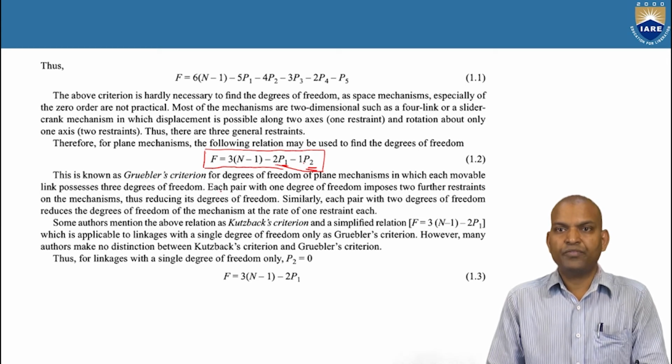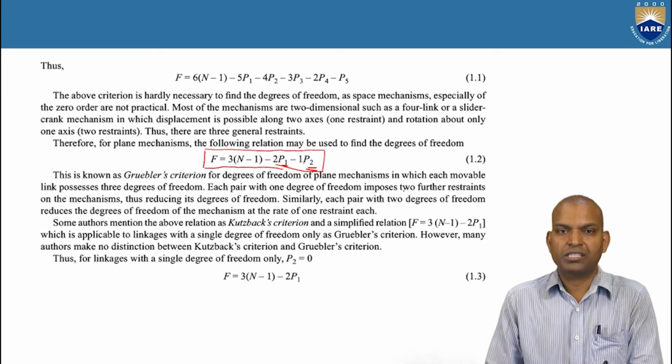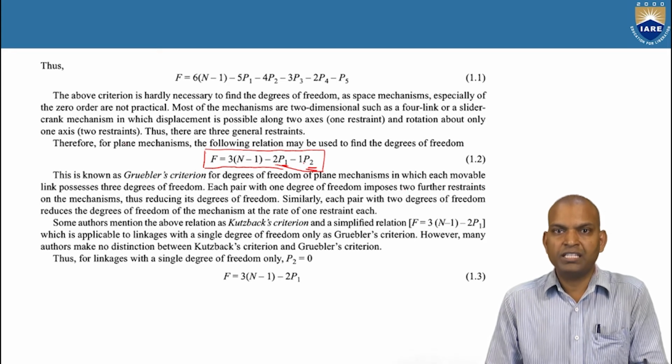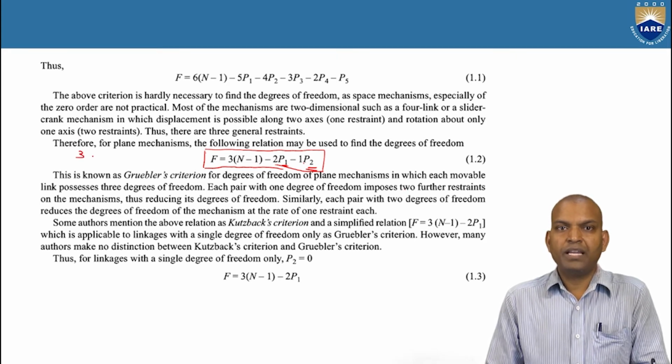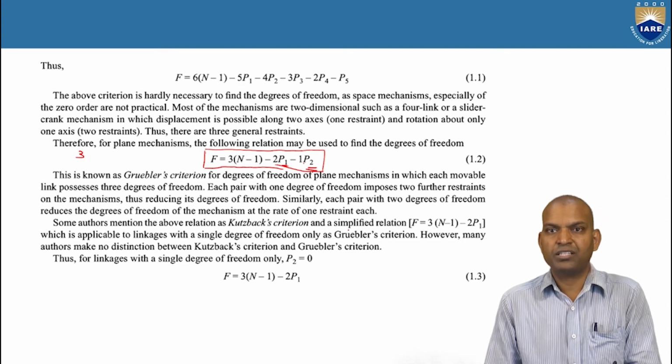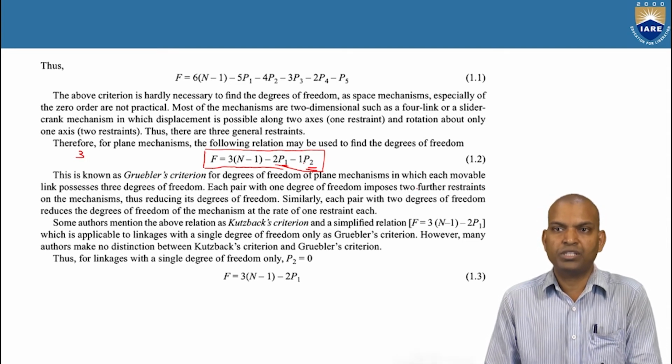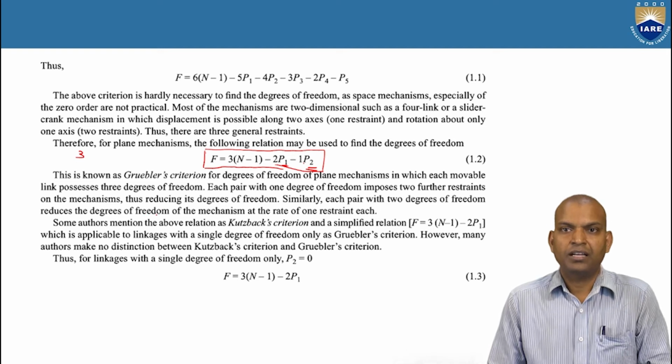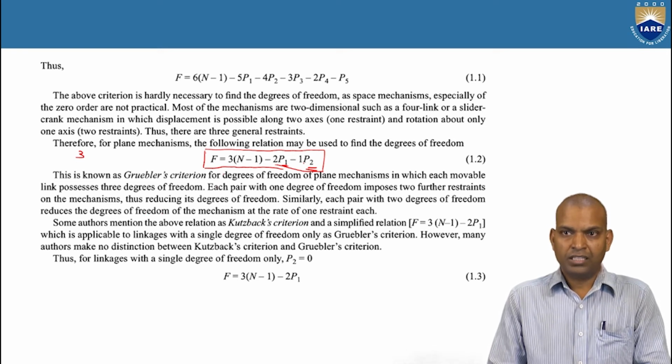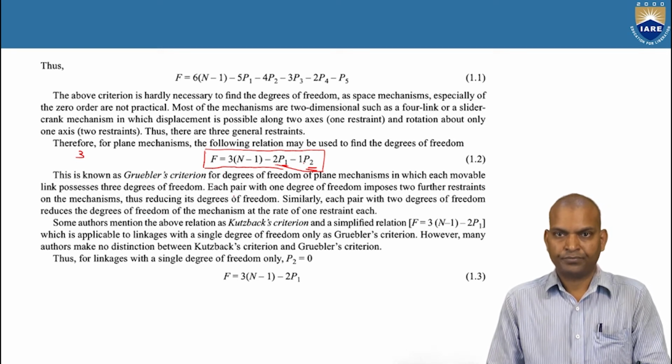Each pair with 1 degree of freedom imposes restraints, since the total is 3. If a pair has 2 restraints, there is a single degree of freedom. So 1 degree of freedom imposes 2 further restraints. Thus we can understand the Grubler's criterion formula.